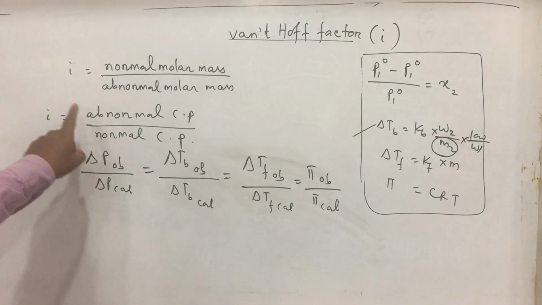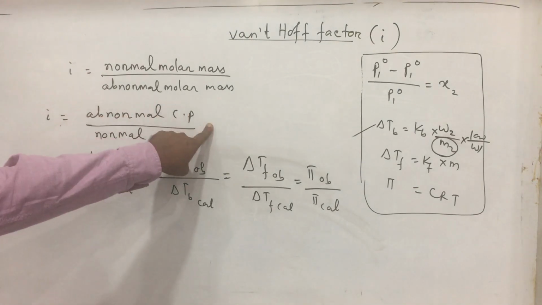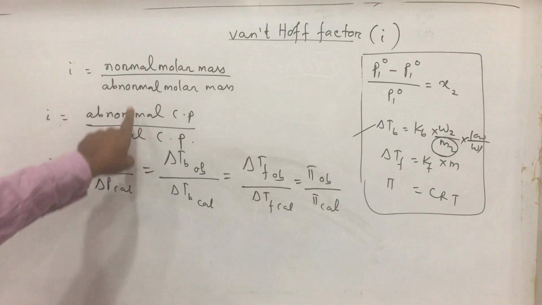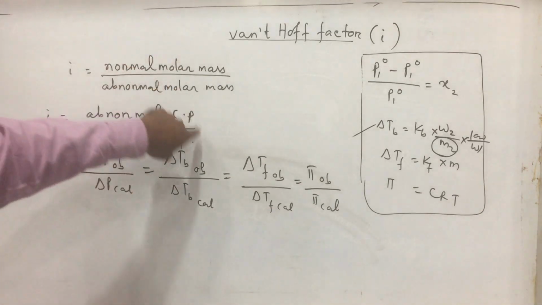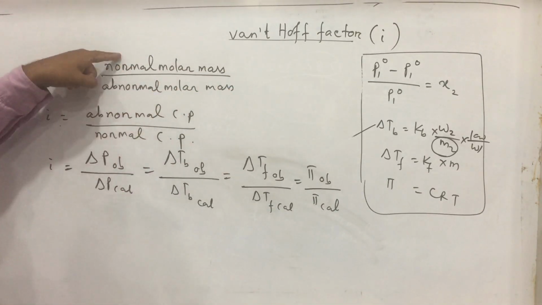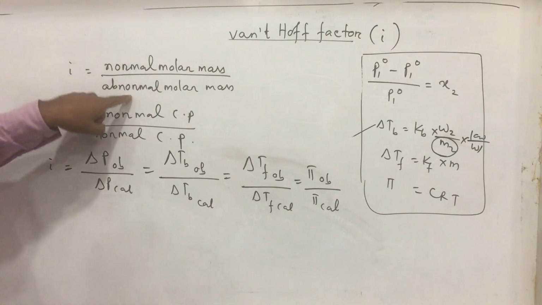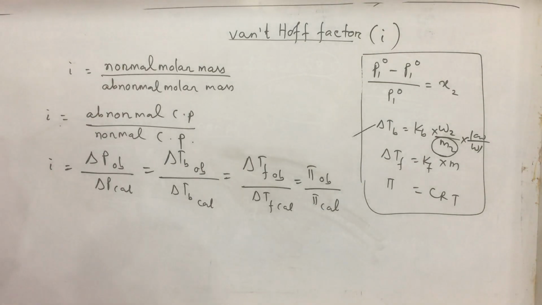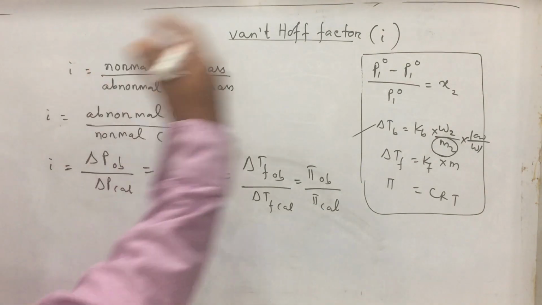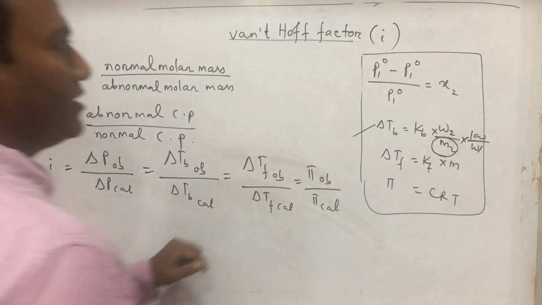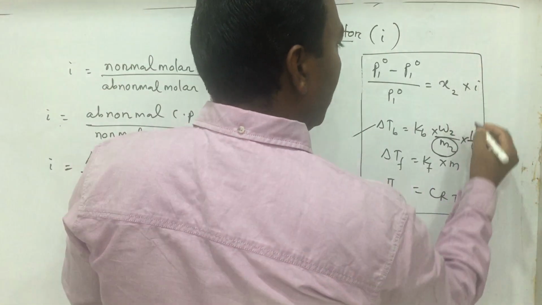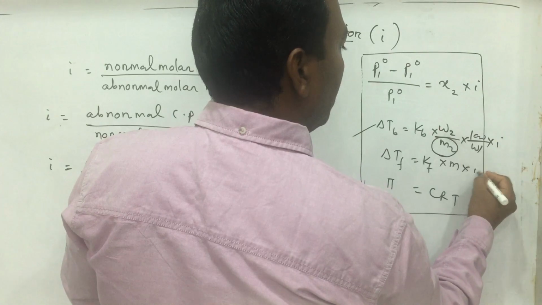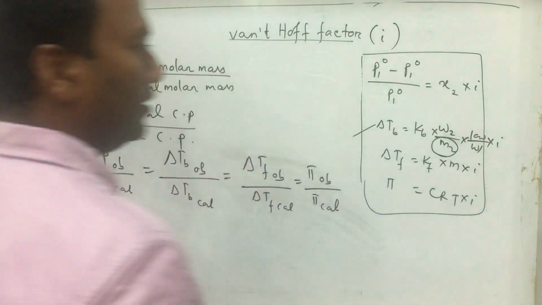Clear? So i is abnormal colligative properties by normal, but in terms of molar mass, it is normal by abnormal. Hence, Van 't Hoff factor modified the 4 formulas like this, into i, into i, into i, into i.